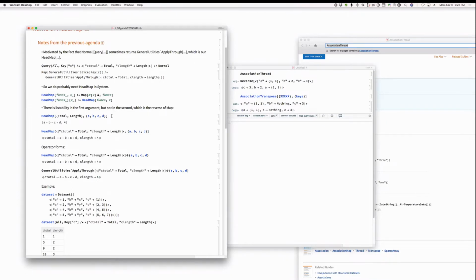The main thing was that we want to convert these query expressions into a normal form that includes apply through. Apply through is HeadMap. So we want to find the best name for it. It will be nice to be used. HeadMap again is applying a list of functions to a single argument.